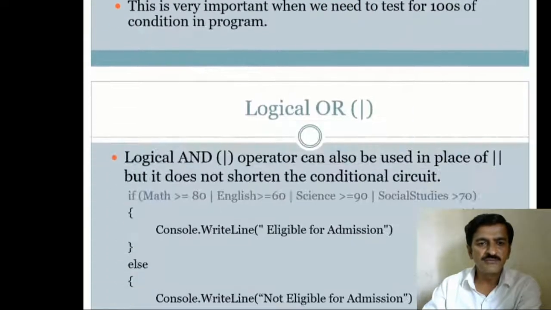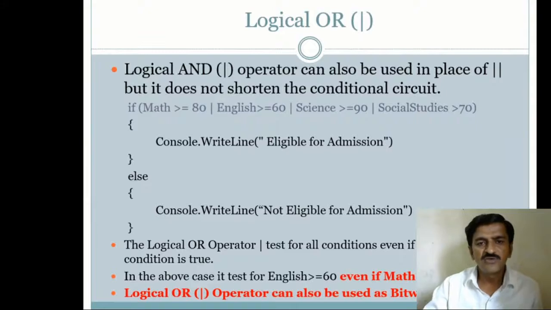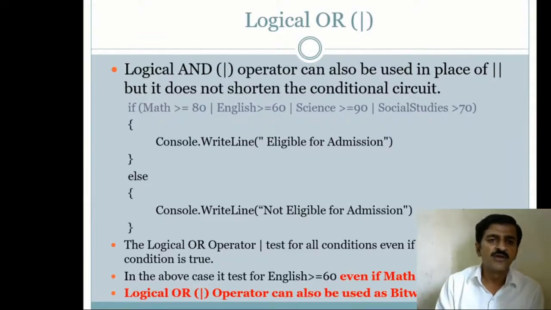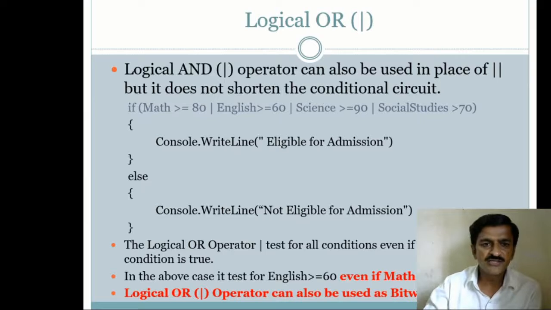Okay, this we have explained earlier. Then the logical single OR operator. The single OR operator can also be used in place of double OR, but it does not shorten the condition circuit. It means if math mark is greater than or equal to 80 and this condition is true, it again tests whether the English mark is greater than or equal to 60.